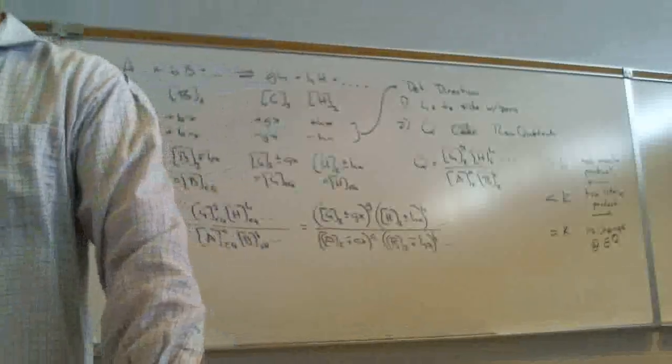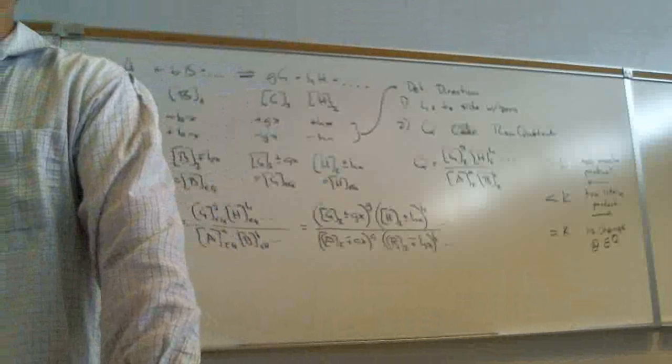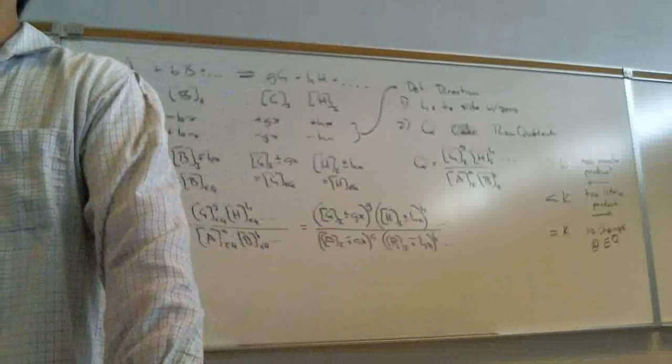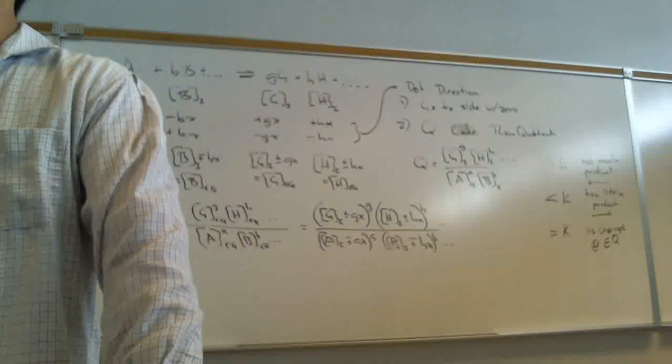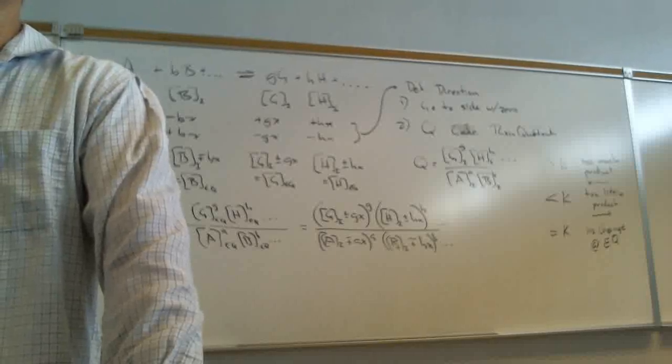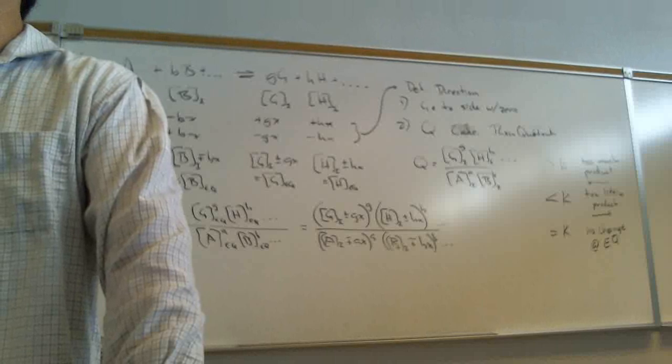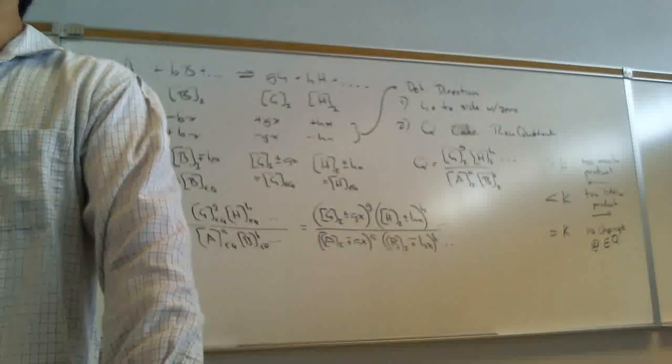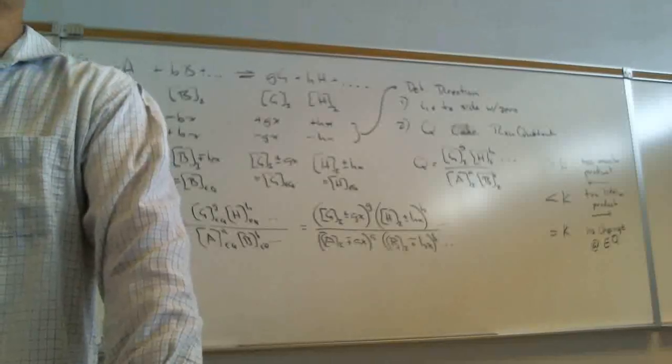If you see something like a very large K, what does that tell you? It's pretty much all product. Look at the strong acids there. They all have very large Ks, which means it's all product. Are you going to find any HBr molecules in solution? No, it's all going to be H plus and Br minus.